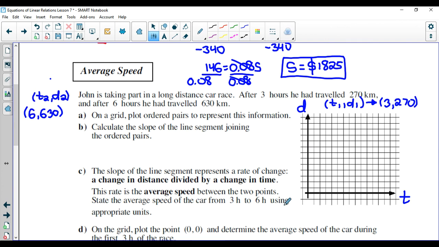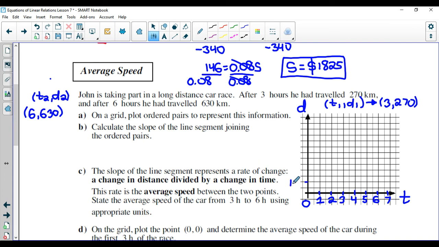Okay, so we need to create a scale first of all. So let's look at our biggest x value or biggest t value. It's 6. So I think what I'm going to do here is I'll start the graph at 0, make every second grid line go up by a 1. So we'll go up by a 1, 2, 3, 4, 5, 6, and then up to 7. Our largest distance value is going to be 630.